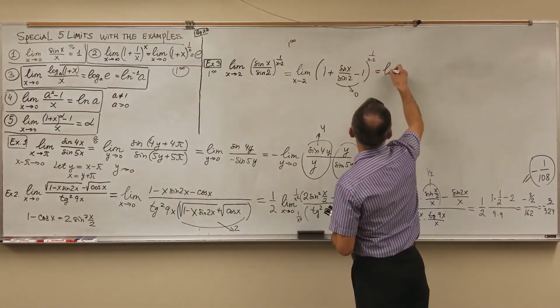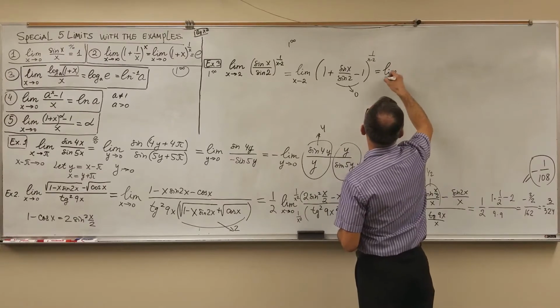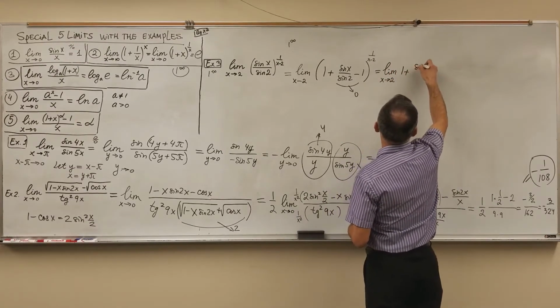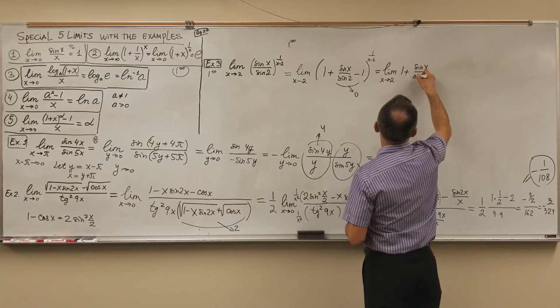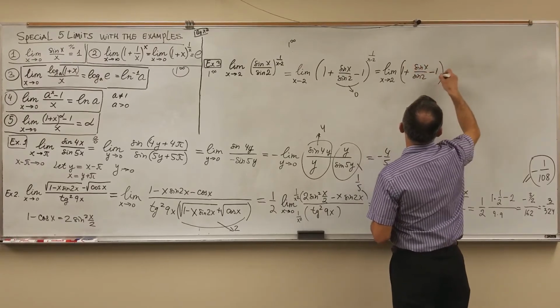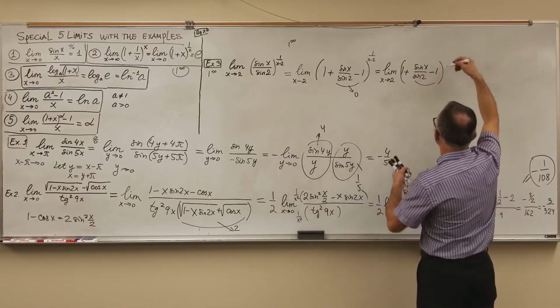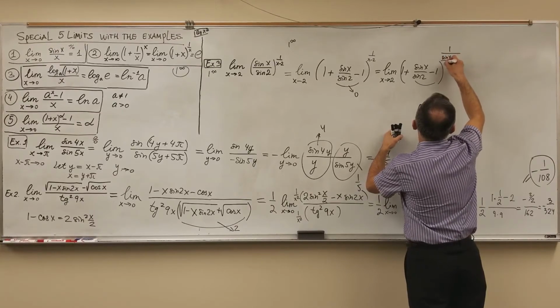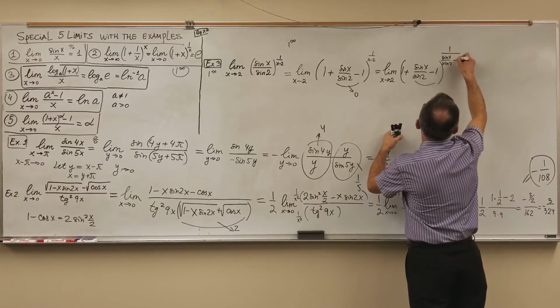So it's equal to the limit of x goes to 2, 1 plus (sine x over sine 2 minus 1). And I need to raise it to the reciprocal of that power. So it's 1 over (sine x over sine 2 minus 1).